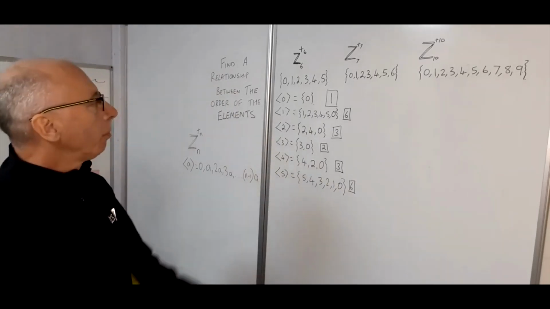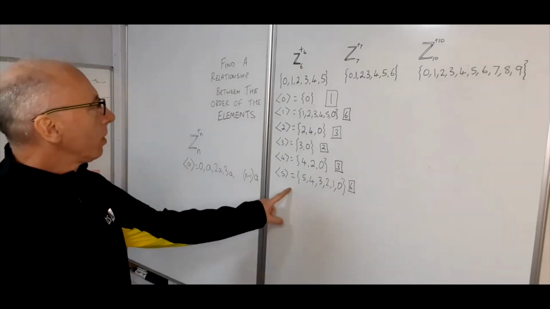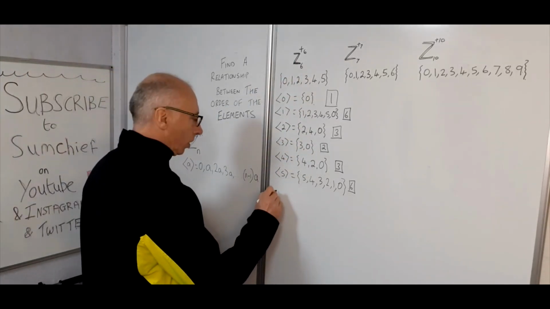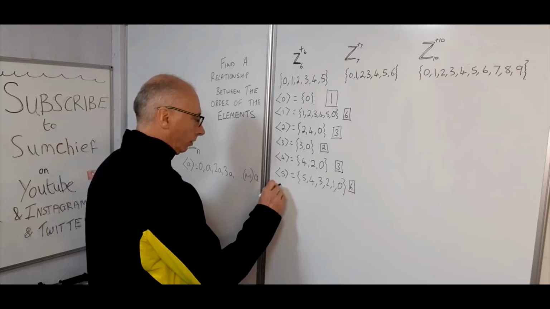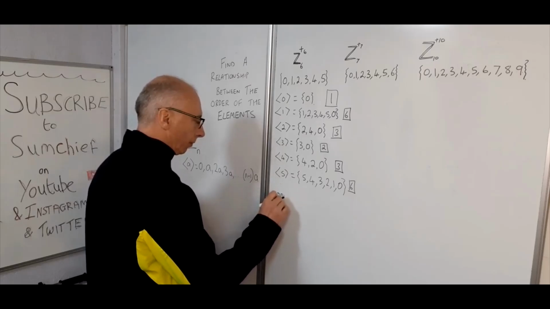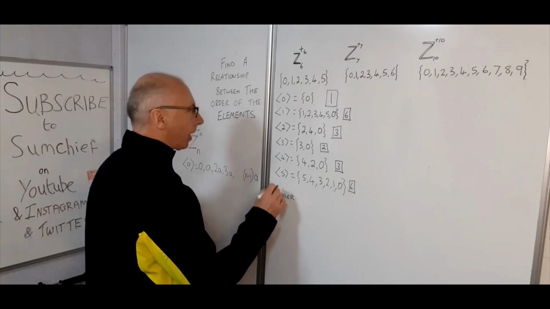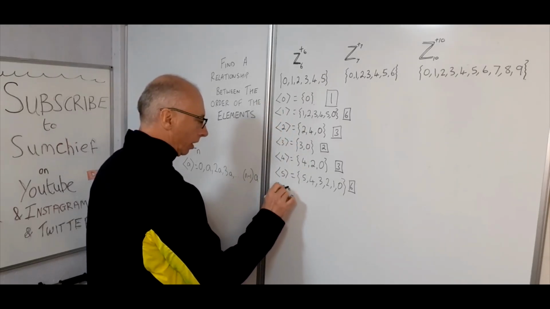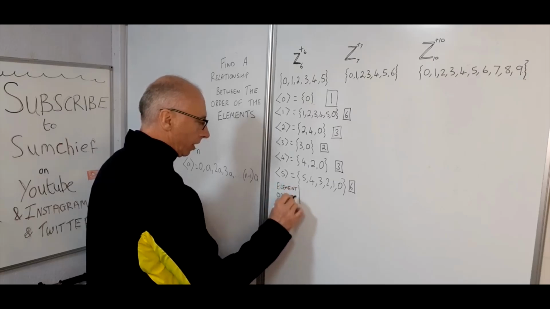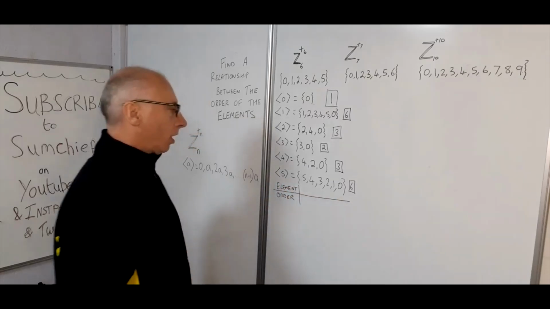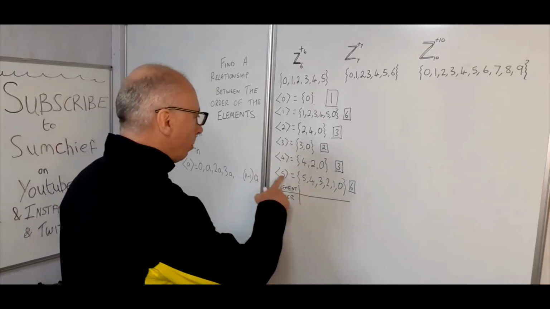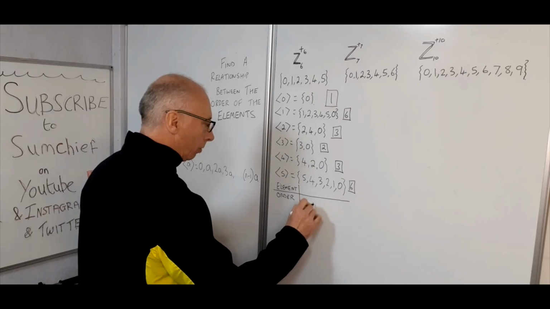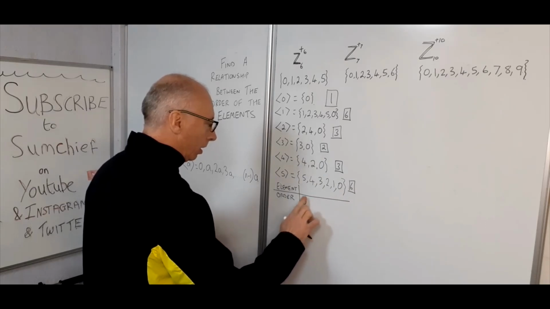Okay, so that completes the first set. I'm just going to write here now: the element on the top and the order on the bottom. A nice little table, and then we can work from that and see if there's any pattern. I'm going to rub this out on the board to give us a bit more space.